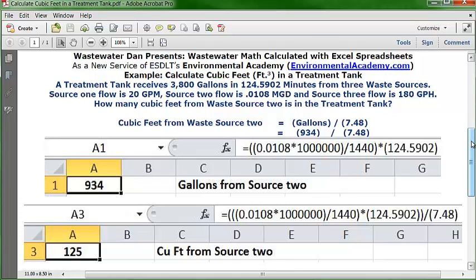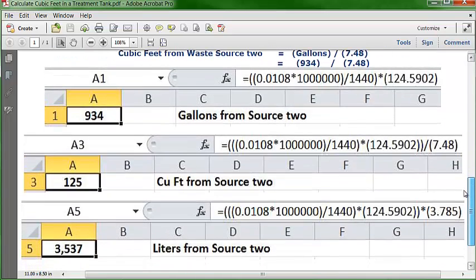But the gallons is 934. And gallons are used universally for a lot of other things, and so we wanted to have that in there. And just simply as a bonus, I also calculated the liters down here. That's just simply where you take the same formula for the gallons and multiply it by 3.785.